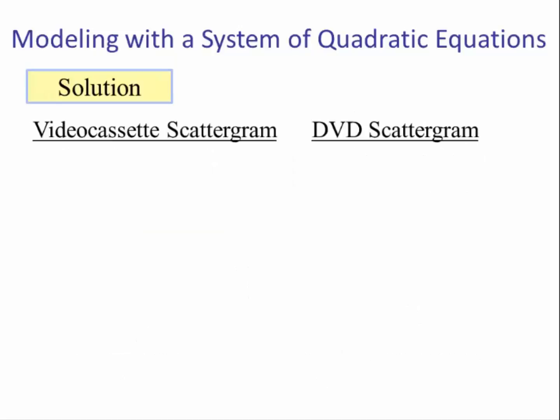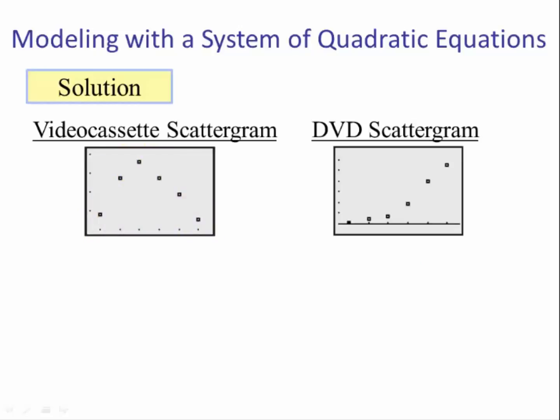Solution. The scattergram for the video cassette is here. We saw the trend in the table increasing up to a point and then decreasing. For the DVD, it started out very low, but then once DVDs started to catch on, it increased at a faster and faster rate.